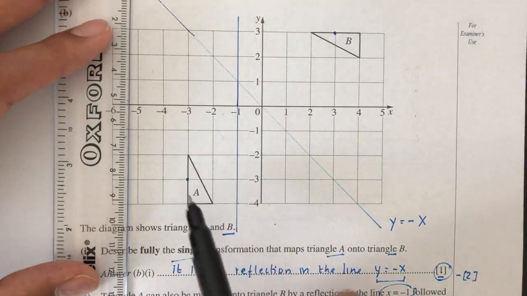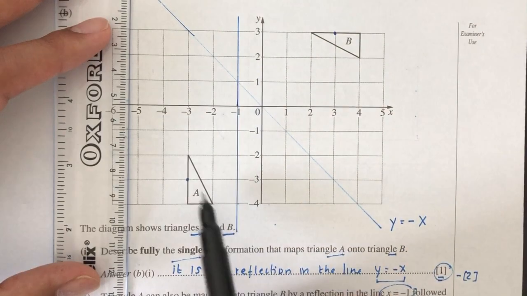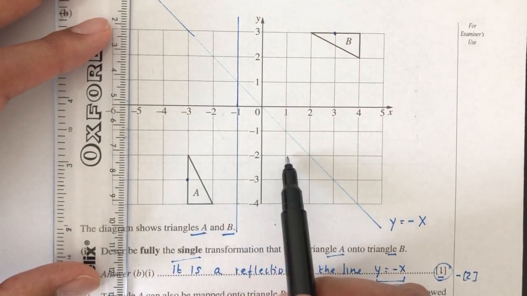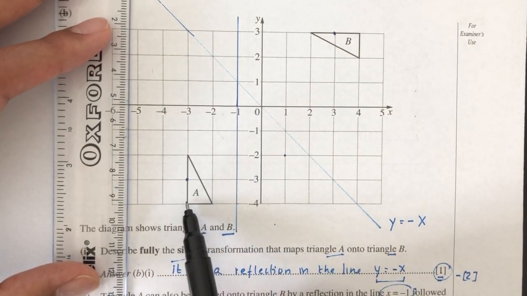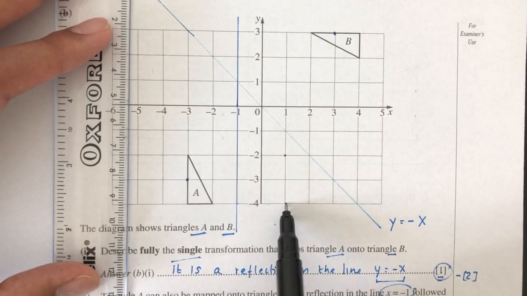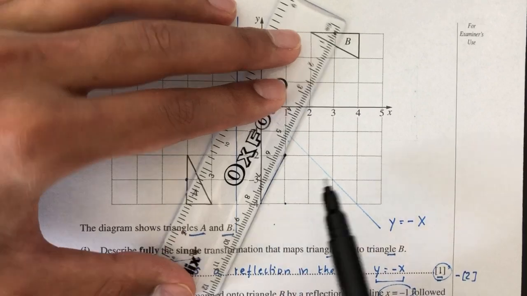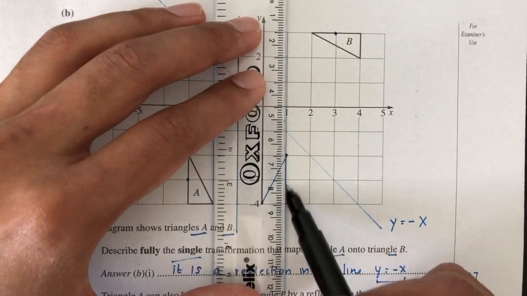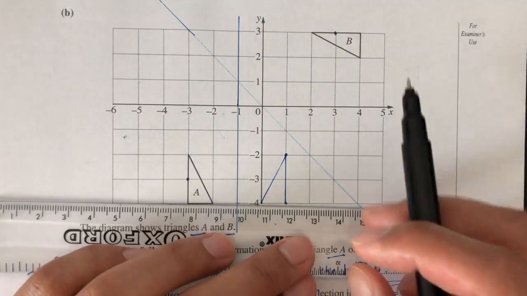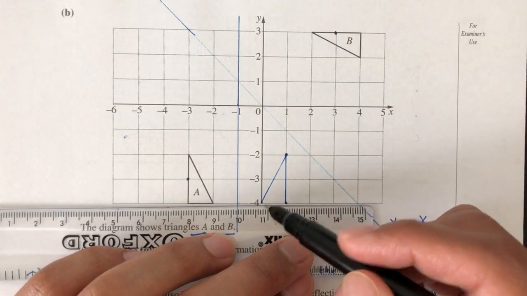So let's draw the triangle mapped onto by this line. This will be the image of triangle A after the reflection.